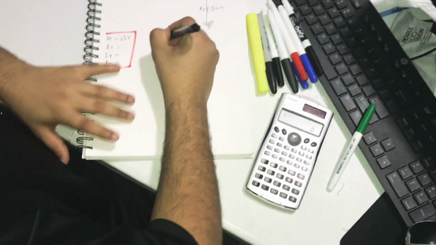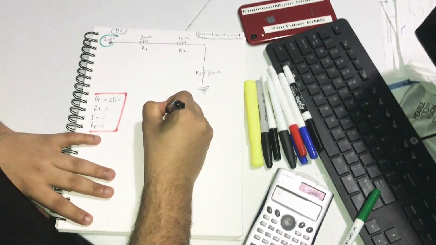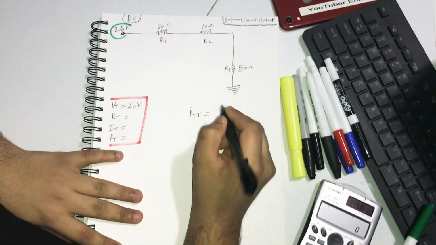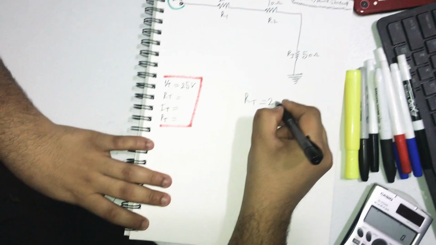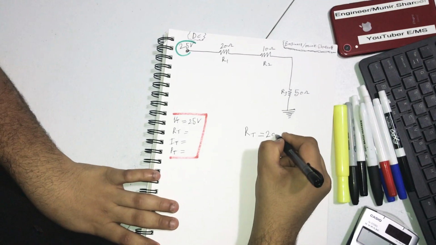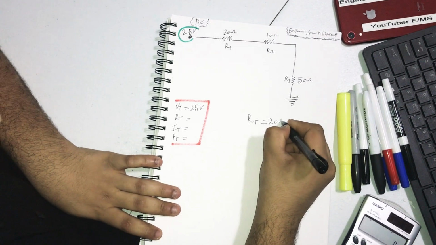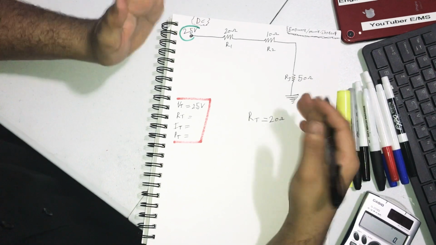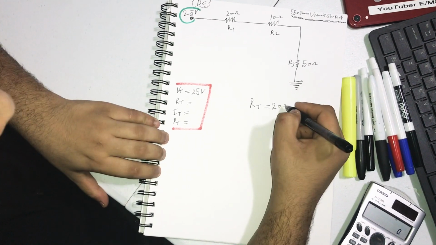All right, let's find the total resistance. How do you do it? R total equals 20 ohms. I'm sorry, I keep saying amps. I apologize, it's ohms.